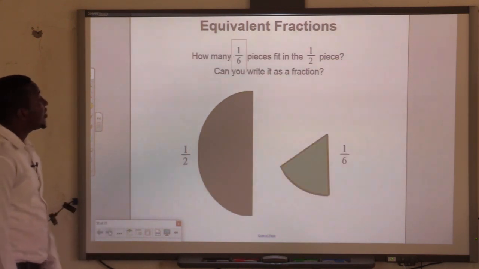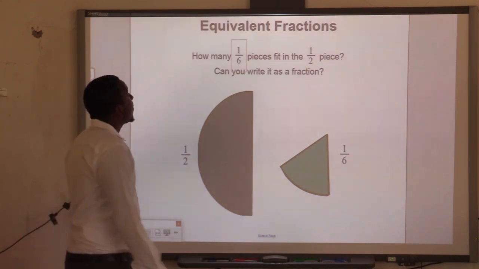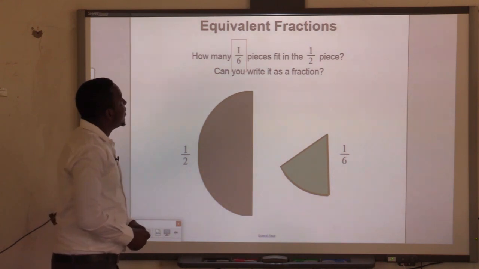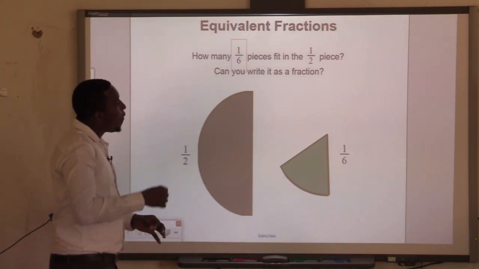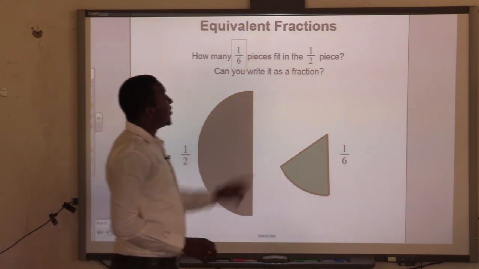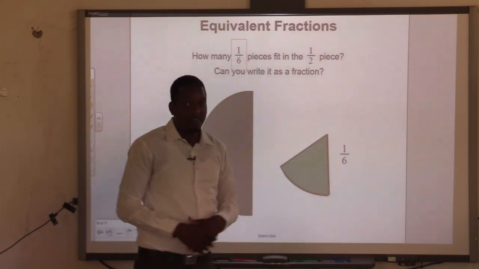All right, we'll look at the second example. It's similar to the previous example. We are asked, how many 1/6 pieces fit in 1/2 piece?